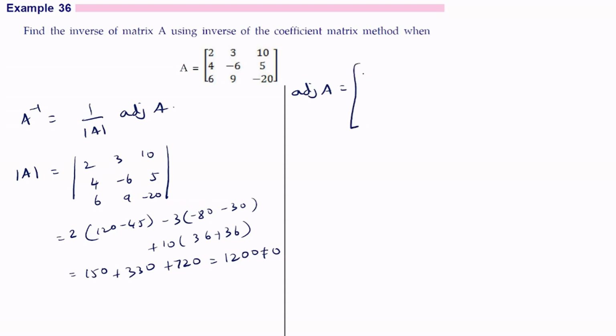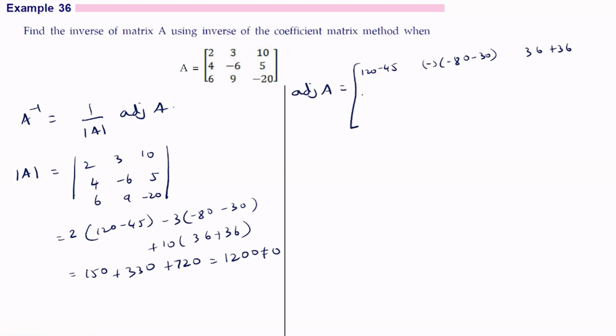So the cofactor of 2 is 120 minus 45. Then here we have a negative symbol. For the cofactor of this element we delete the first row and second column, so it is minus of minus 80 minus 30. And then here it is 36 plus 36.